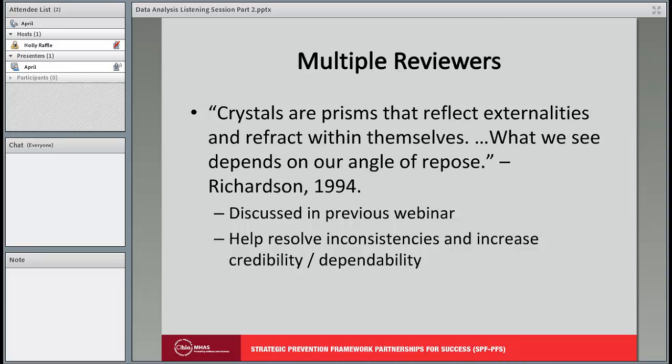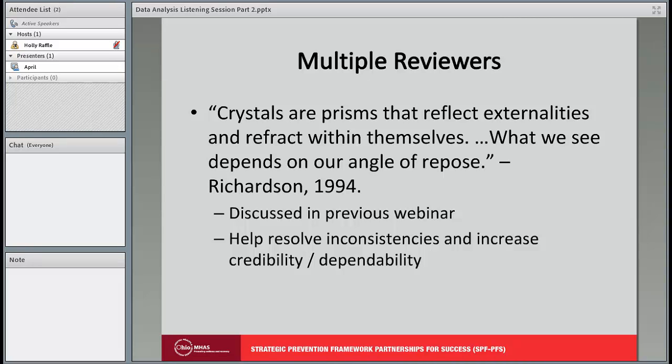So again, we talked about using multiple reviewers in the previous webinar, but what I hope you can see from this quote is that crystals are prisms and multiple reviewers also reflect externalities and refract within themselves. So each person that looks at your data is going to come at the data with a slightly different bias in mind.